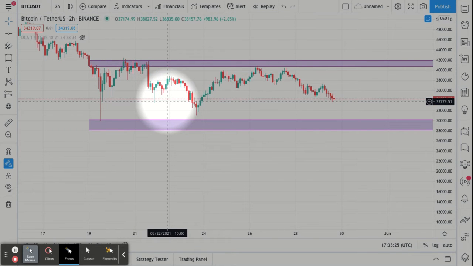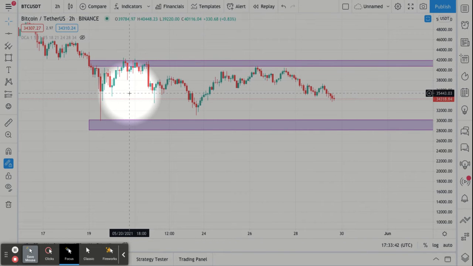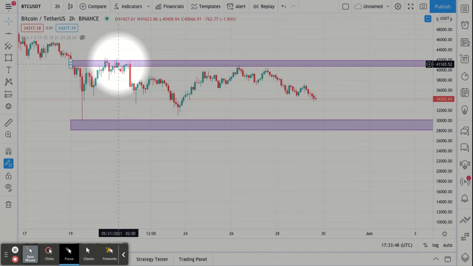Now, you're going to end up getting other areas. So you're going to see that this could be considered maybe a triple top if you would like. For me, it didn't really break down a significant amount to retest it. It just kind of stayed in this area. Did it retest? Yeah, it didn't go past this area.